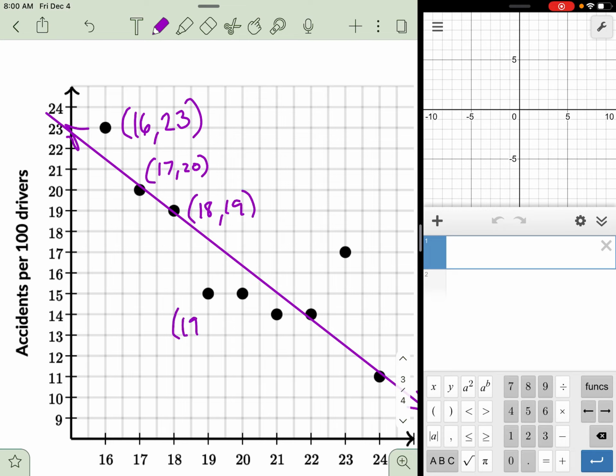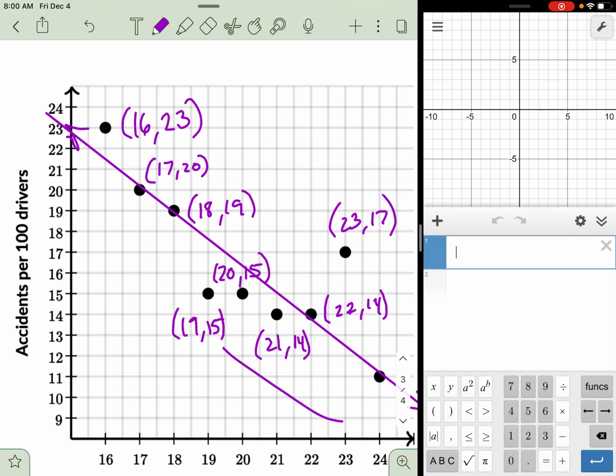This one is 19, 15. This one is 20, 15. This one is 21, 14. This one is 22, 14. This one is 23, 17. And the last one is 24, 11.